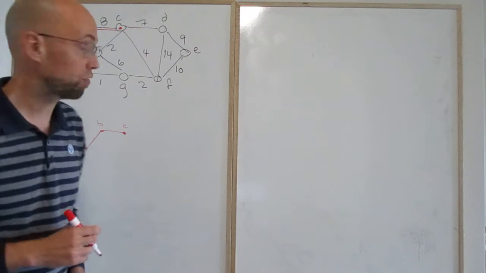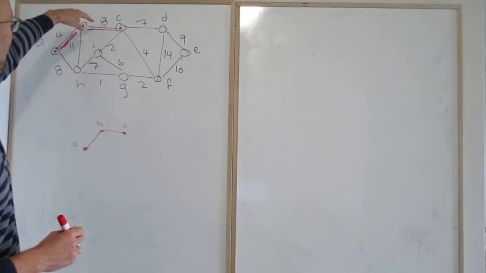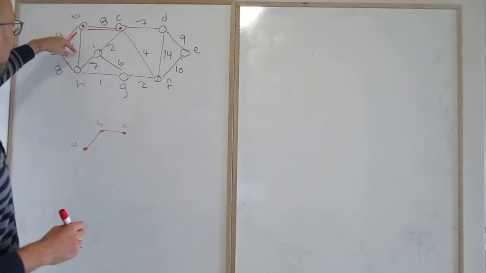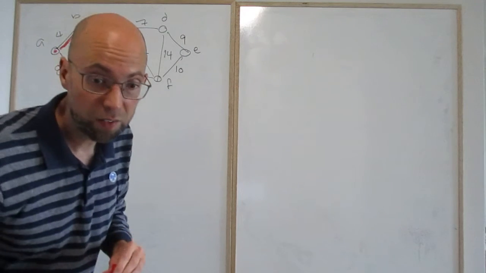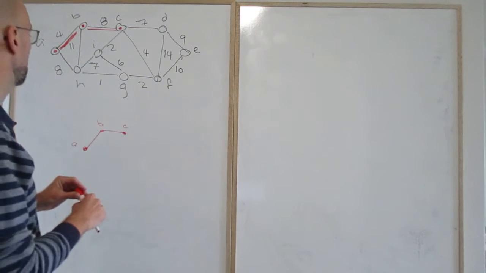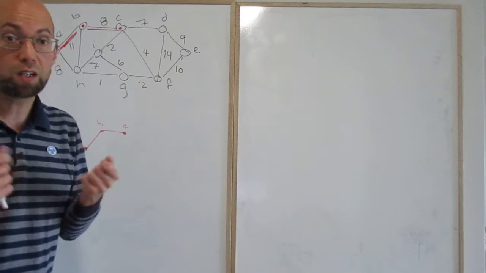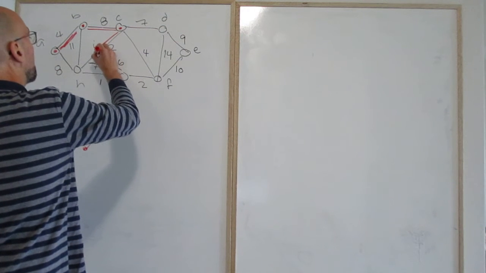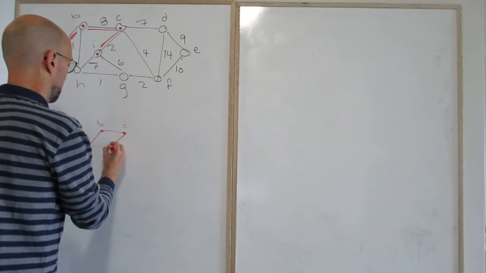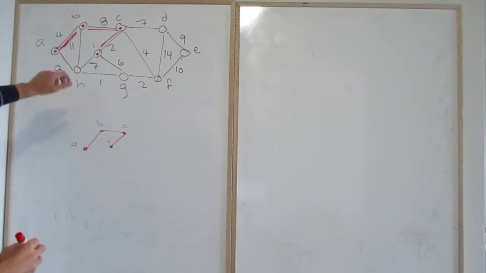Which edge is lightest? Now remember, we're still comparing with this edge, and this edge, which are incident to A and B. CI, yes, 2. Does it connect something to something already in my tree? No. So I take it. So now I get IH, IG.